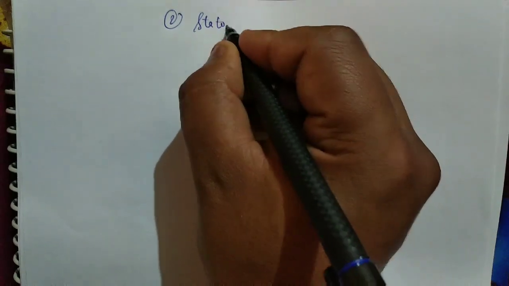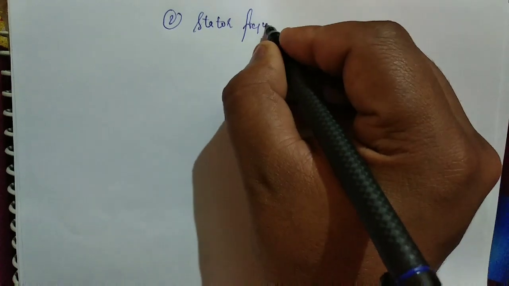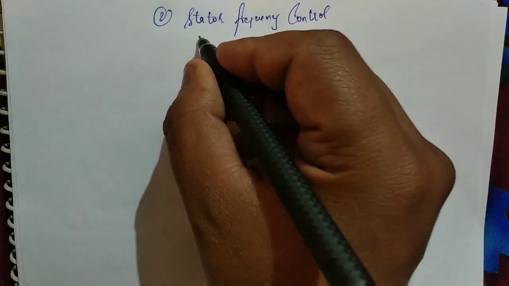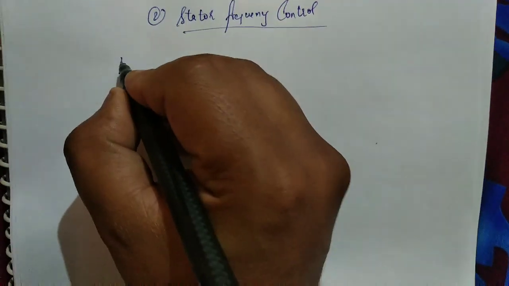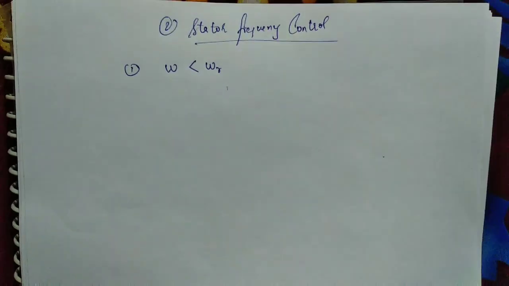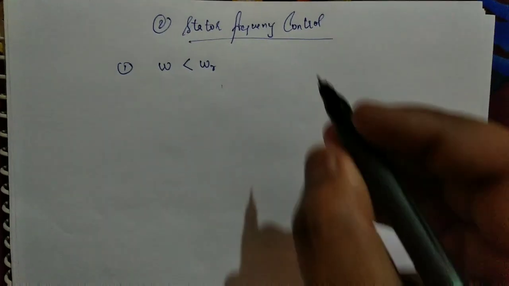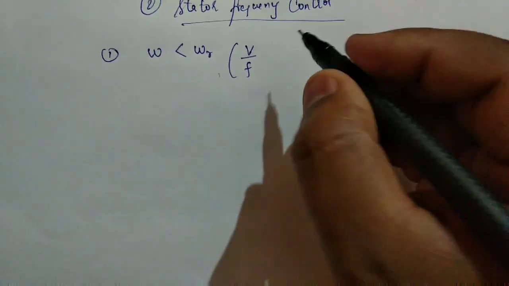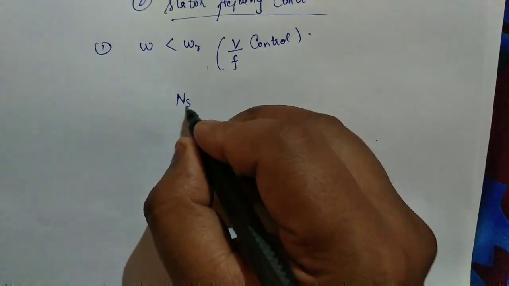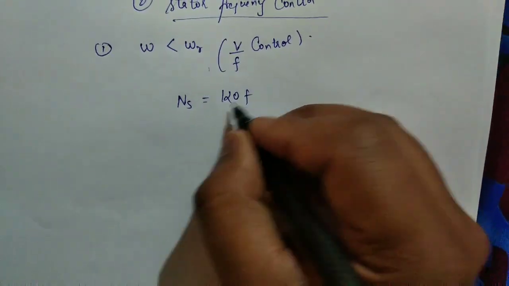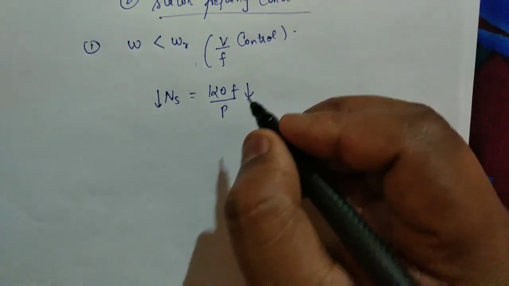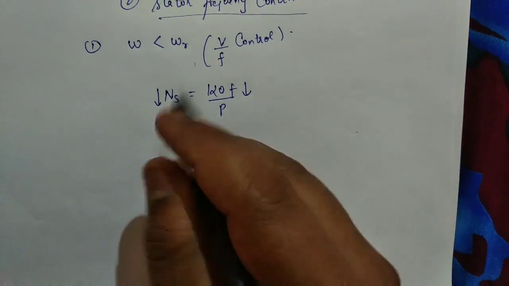Stator frequency control. So in this method, first we see to control the speed less than omega. So in this method we have to go through V by F control, because NS is 120 F by P. So for decreasing NS we have to decrease frequency.